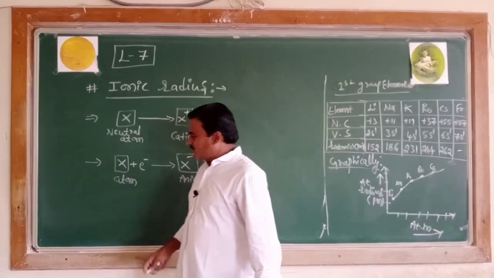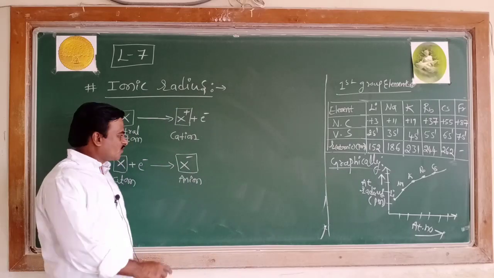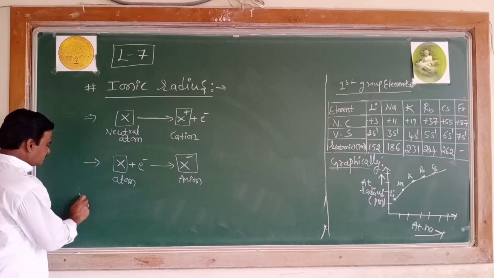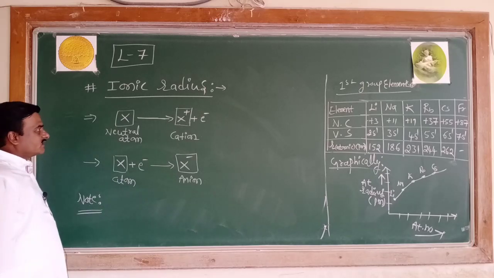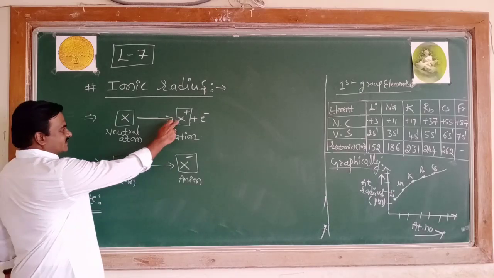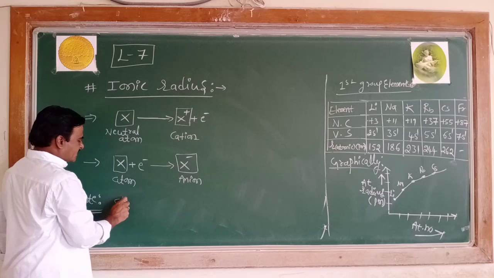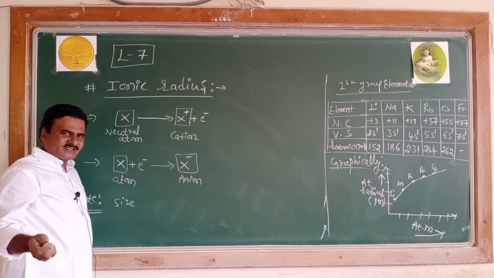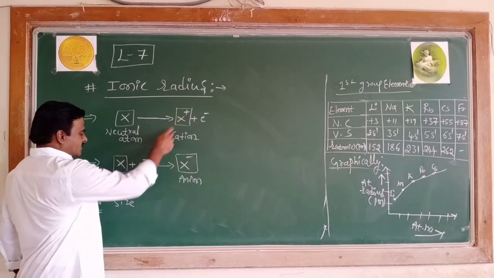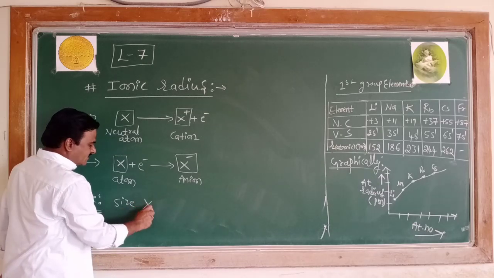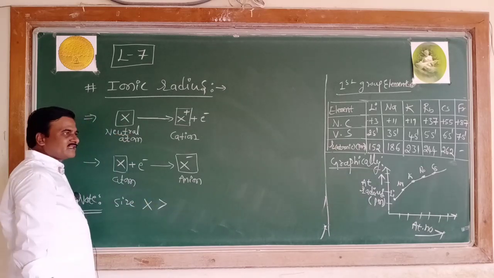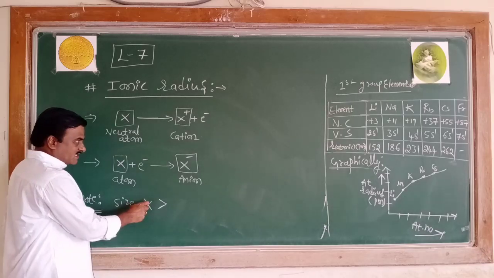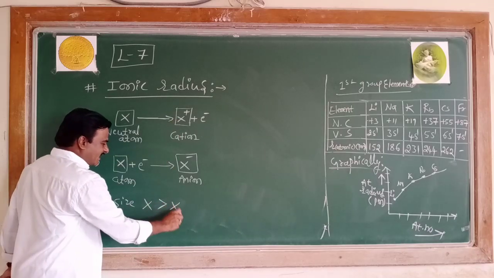As a point of note, you should remember, hope you have come to know from your earlier study, when you take the radius size, X, the neutral atom, is going to be larger in size than its cation.